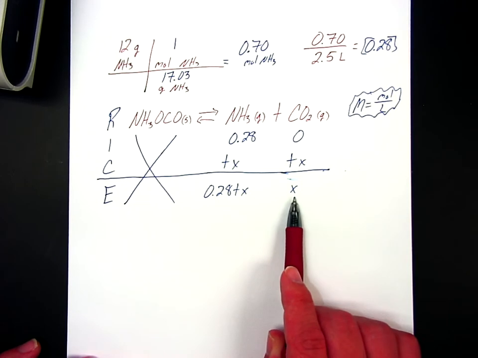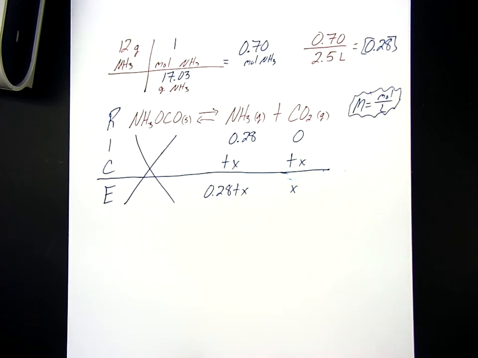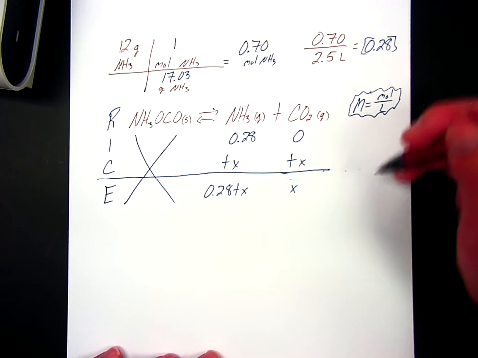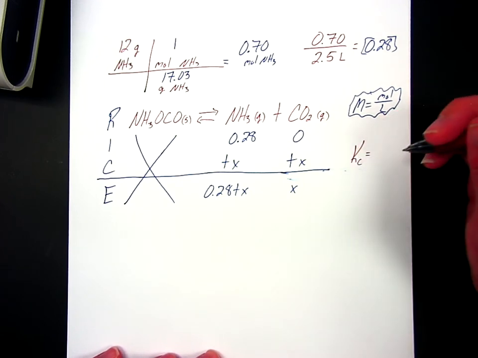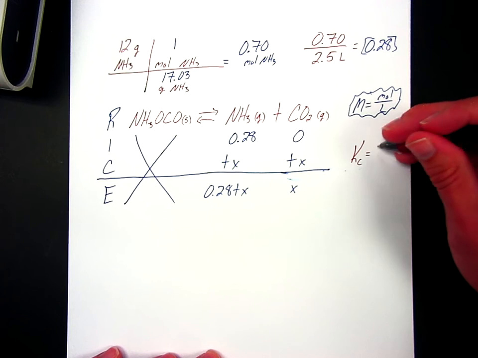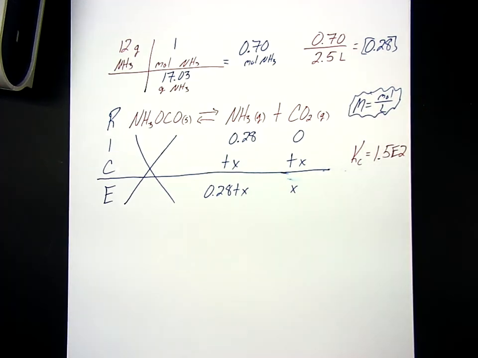So it just wants that number there by looking at the problem. The other given information that we haven't used yet is it tells us Kc. It says that Kc is equal to 1.5 e negative 2. That's our extra information. So now we can start using an equilibrium expression to figure it out.